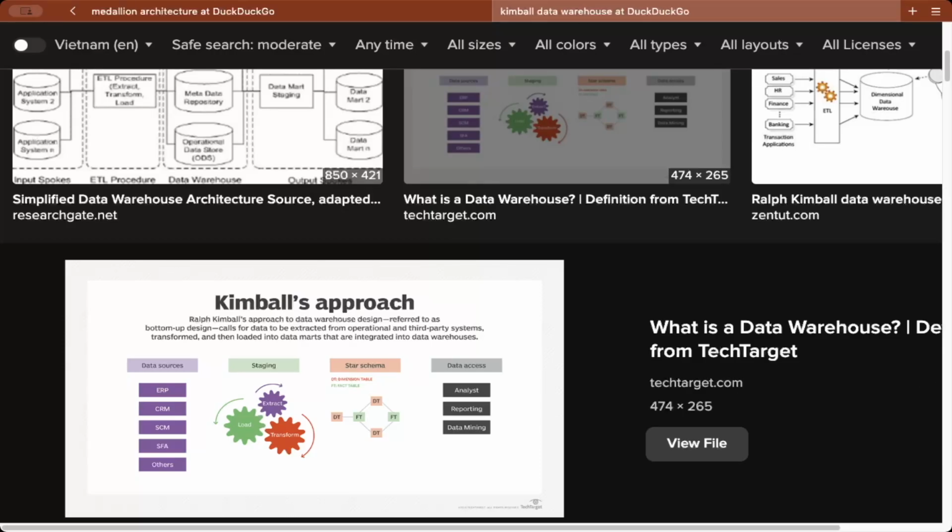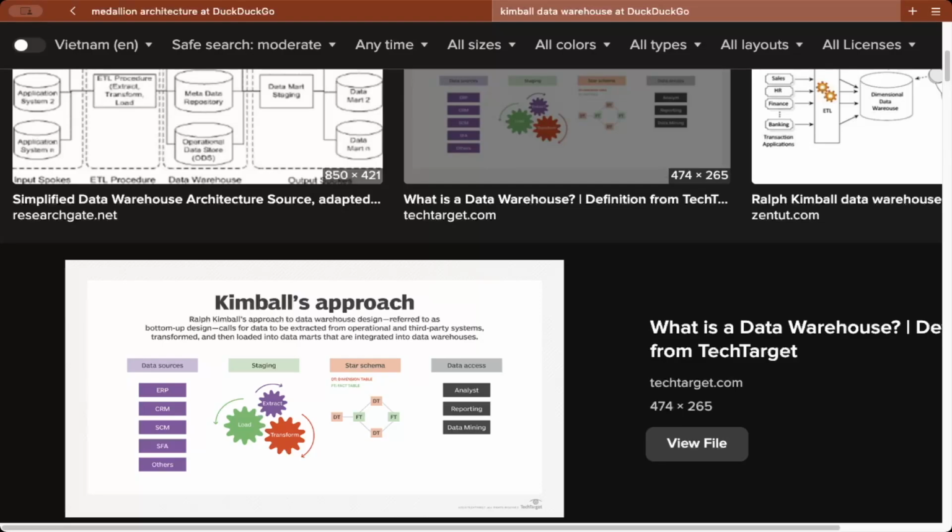Now you might be wondering why we call them bronze, silver, and gold. Well, like I said, it's just a naming convention. Some people might use different terms like raw, preset, or curated, landing, staging, or the like.